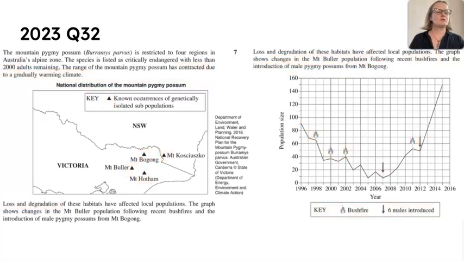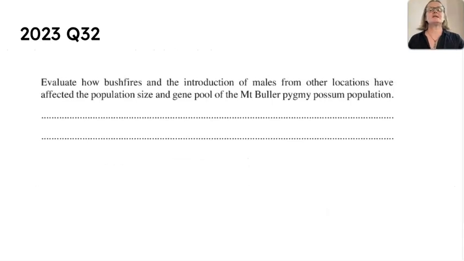Let's have a look at what question we're being asked to address. It's an evaluate question. So evaluate means we need to say, was it highly significant? Was it moderately significant? We have to make a judgment on the factors in the question.